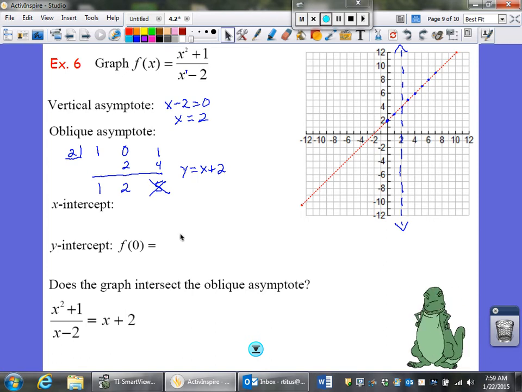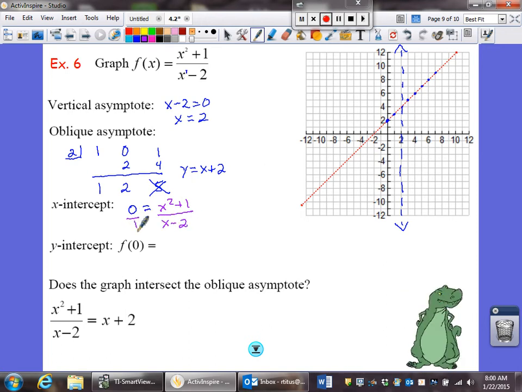For the rest of this, we're going to find the points necessary to draw the graph. For instance, again, x-intercepts and y-intercepts, those are not mandatory. But if you're going to find an x-intercept, you have to let y be 0. And that means that you're going to put 0 right here and say 0 equals x squared plus 1 divided by x minus 2.